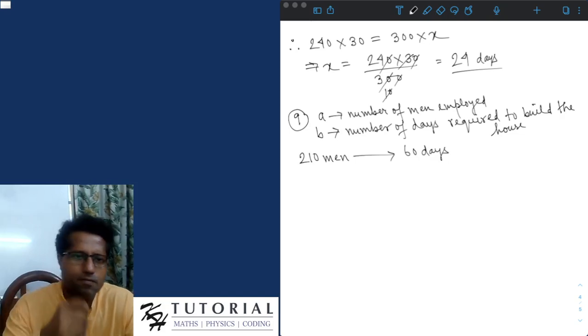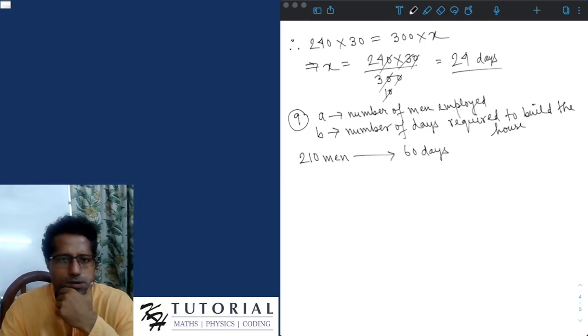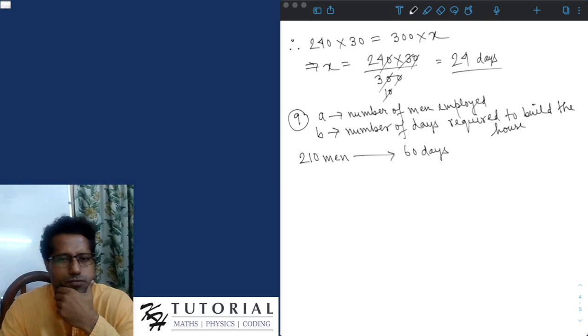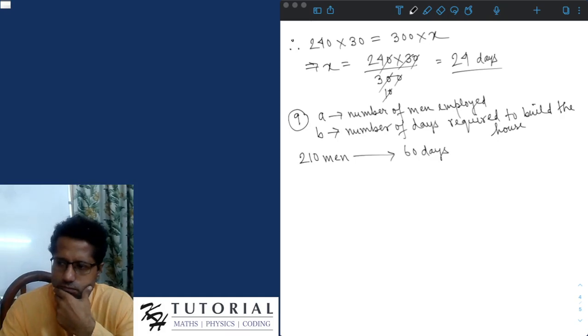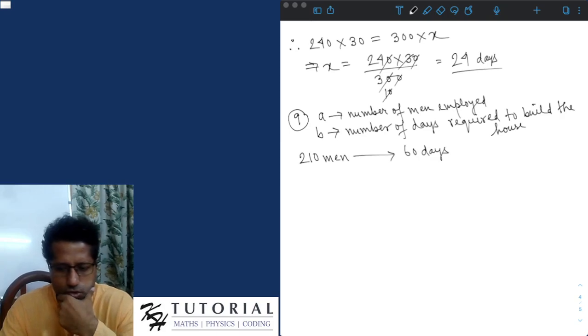Now we have to somehow identify the remaining work. So by the contract, the 210 men employed should build the house in 60 days.